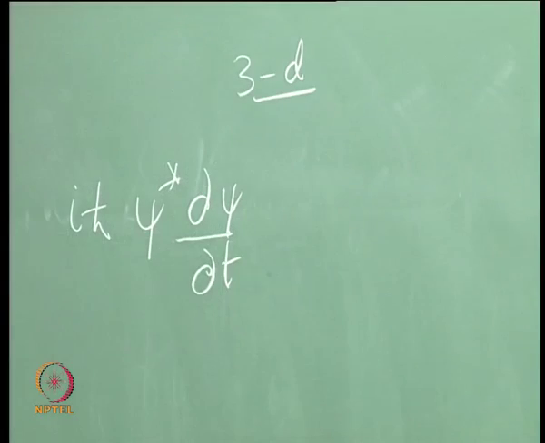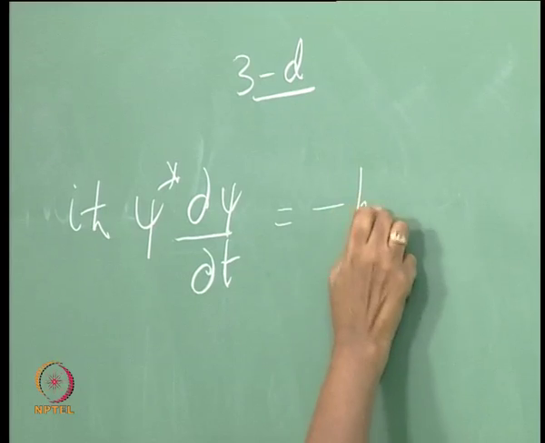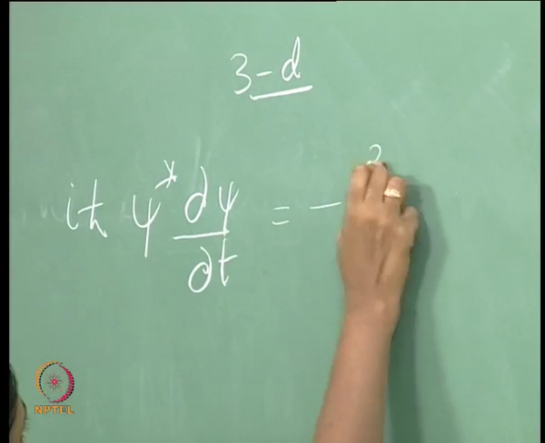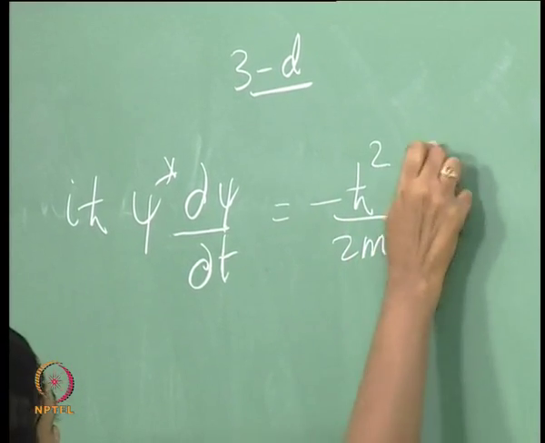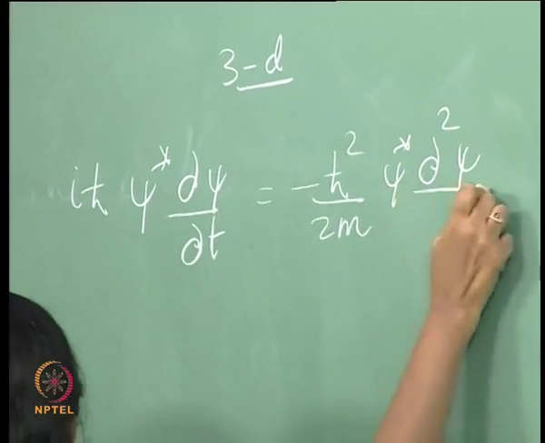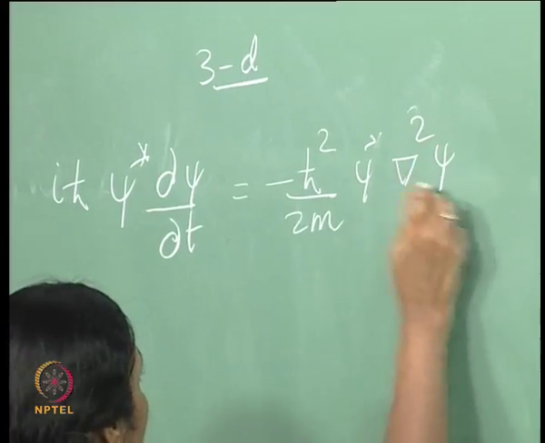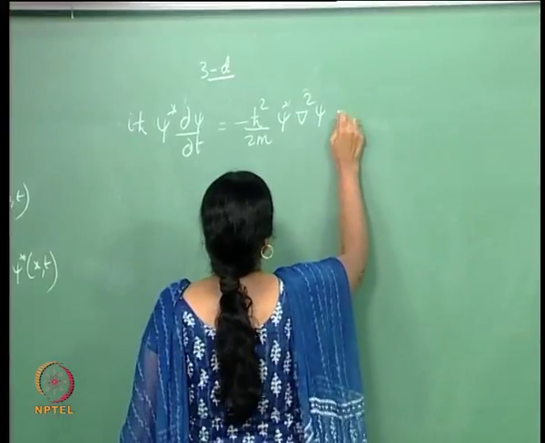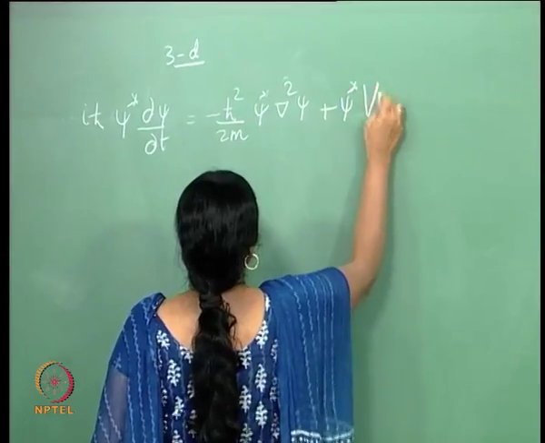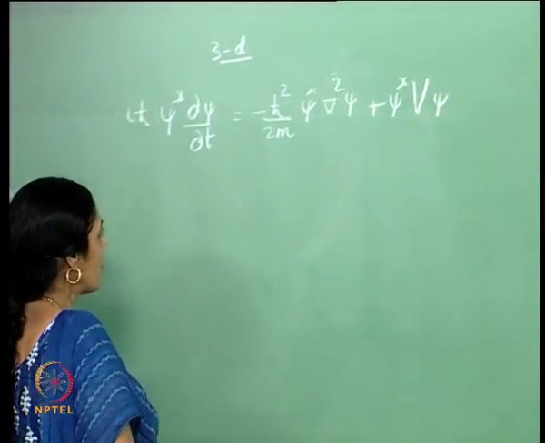I would not write the argument r, t. It is minus ħ²/2m ψ* ∇²ψ now, because we are in 3 dimensions, plus ψ* V ψ. That is my first equation.